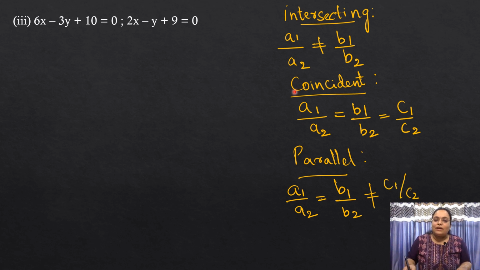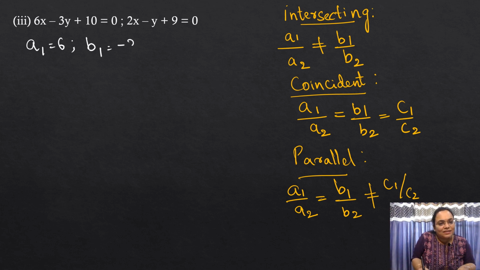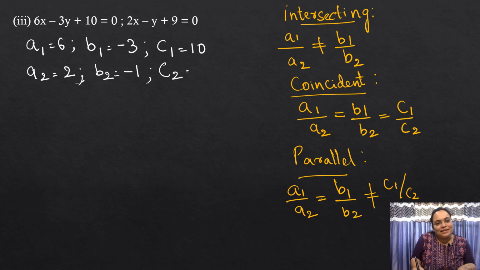Yes, so I'm writing this for all the questions so that you will be perfect by the end of this video. So from the given equations, what is A1? A1 is 6, B1 is minus 3 and C1 is 10. A2 is 2, B2 is minus 1, C2 is 9.